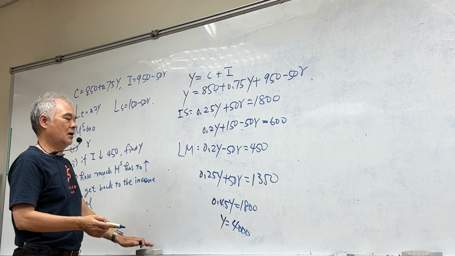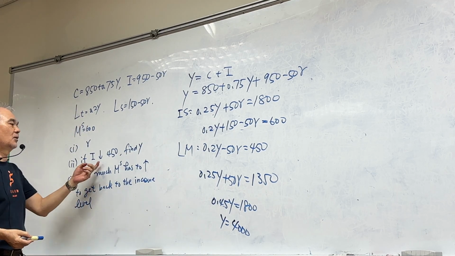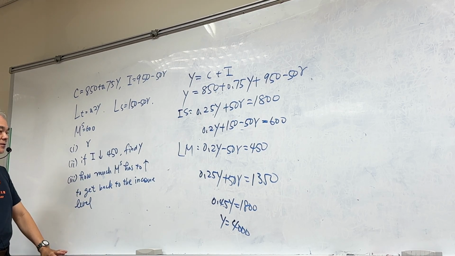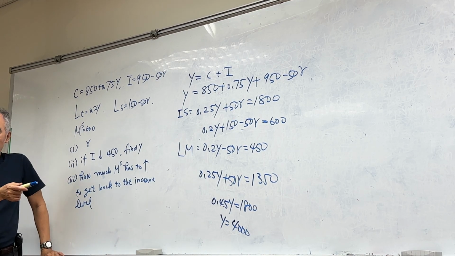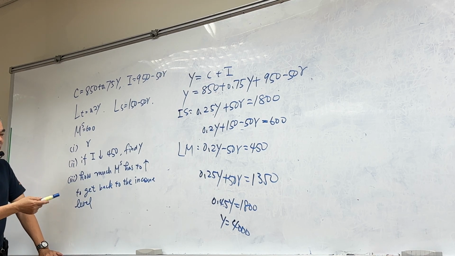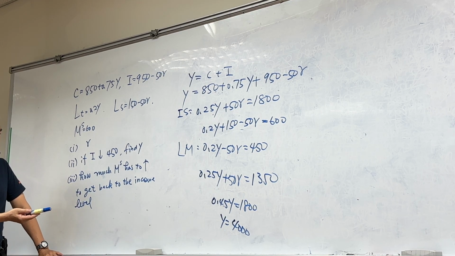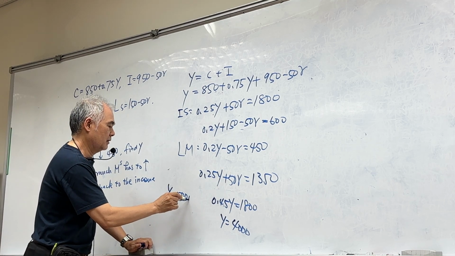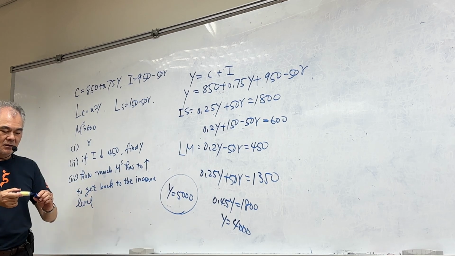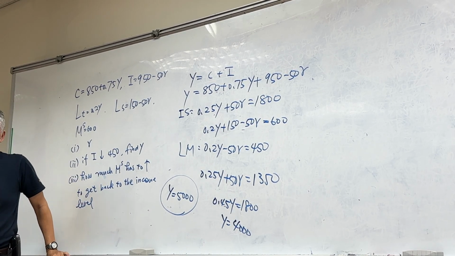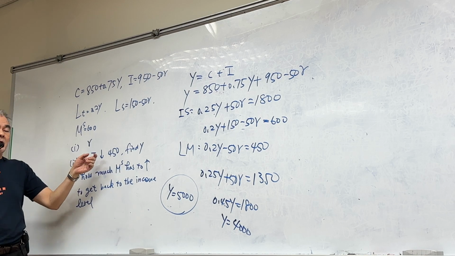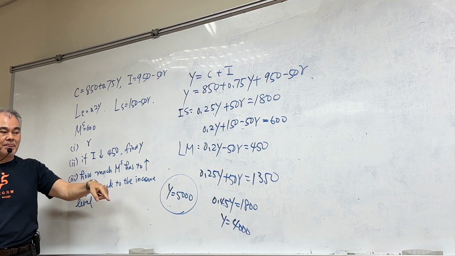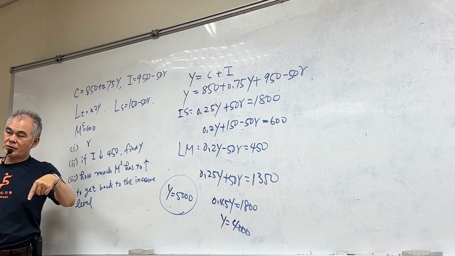Then let us try R. Do we need to find R? No, forget about R. Now the question is, how much does MS, money supply, have to go up to get back to the original income level? The original income level, Y is equal to 5,000. Because investment goes down, the income level of course goes down.